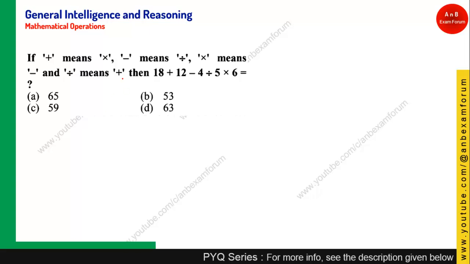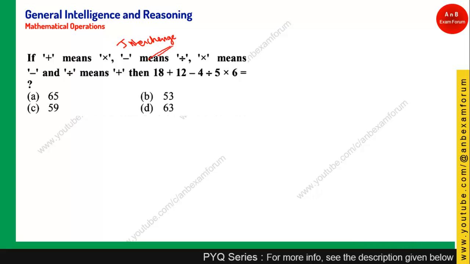Let's see the next type, that is interchange based. This type is called interchange of the mathematical symbols. Okay, so let's interchange the values. So 18 plus 12, what does this plus mean? Plus means multiplication, multiplication 12. Minus 4, what does this minus mean? Division, division 4. After that division by 5, division means plus, so plus 5.